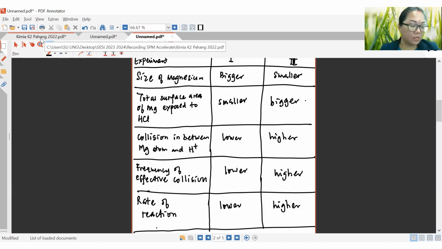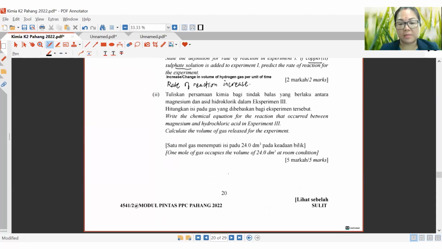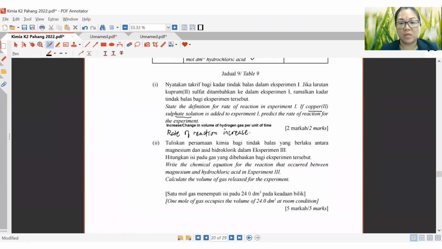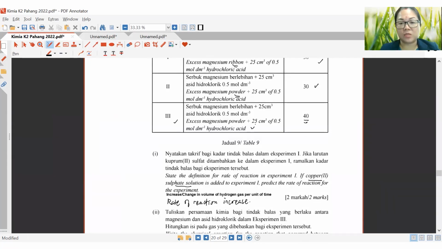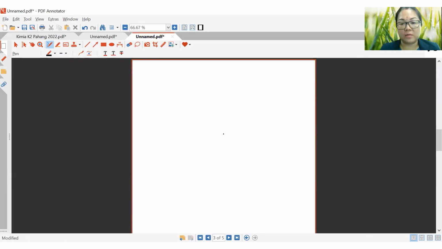Now, let's look at the next one, which is experiment 2 and experiment 3. For experiment 2 and 3, the difference is the temperature. So in other words, you need to explain more on the temperature.